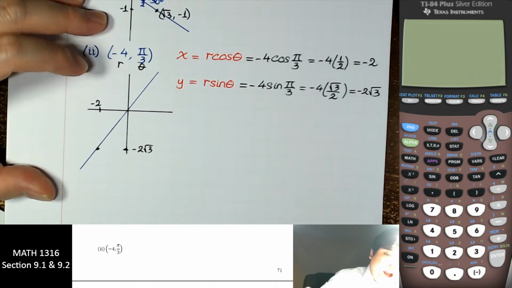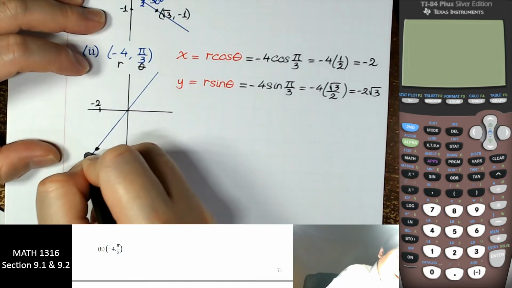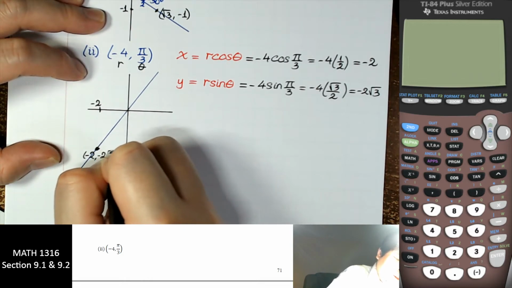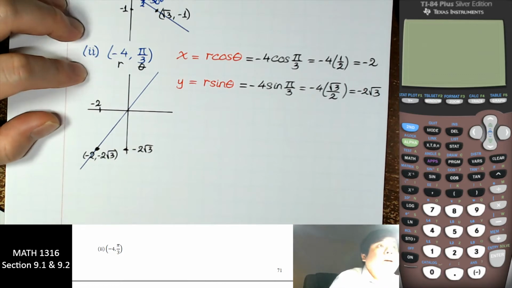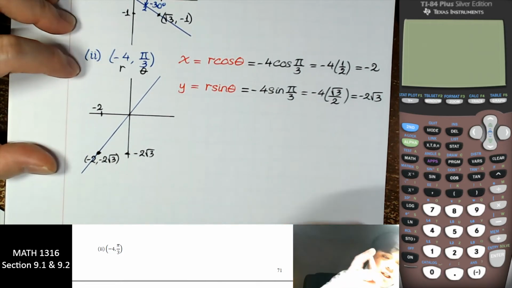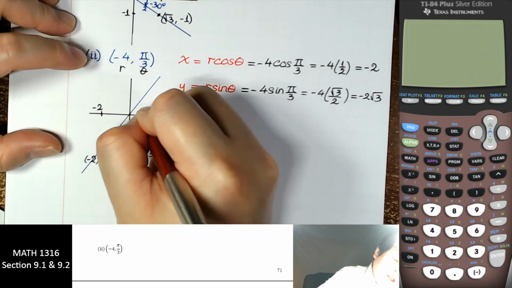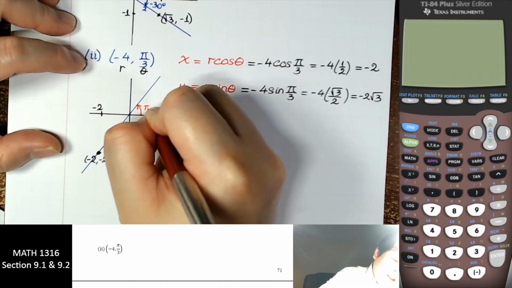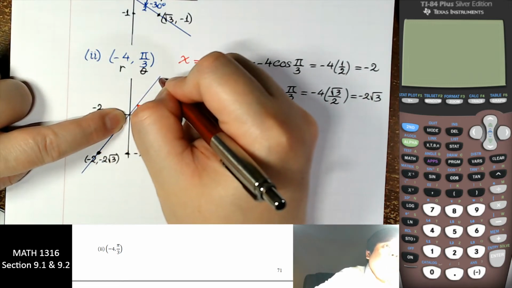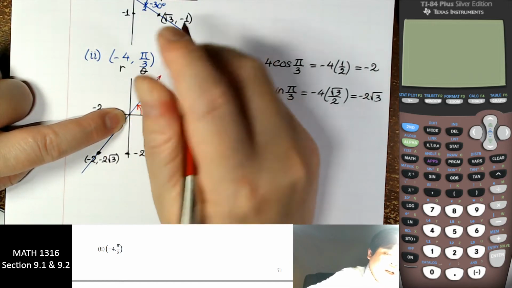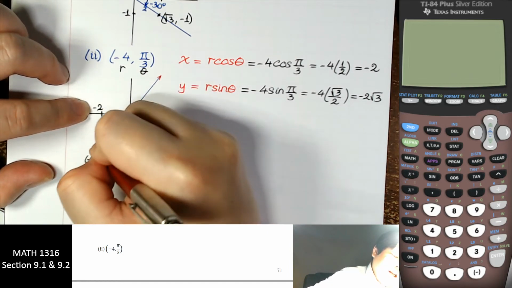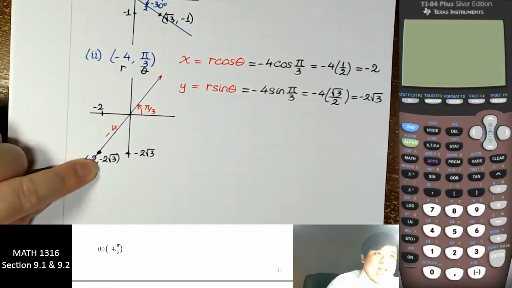So the point we have is x equal to negative 2 and y equal to negative 2 square root of 3. Right. However, what we do in the polar coordinates is that we go to pi over 3 and then the radius, rather than being in this direction, we go the opposite direction, negative 4 the other way, and we have the same point.